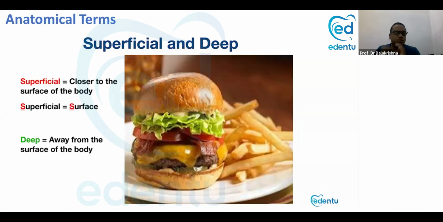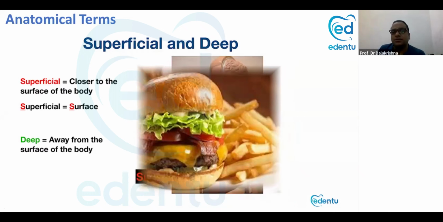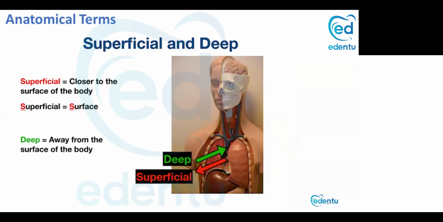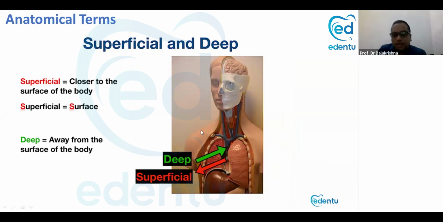So this is how you should know superficial and deep relations. We'll be discussing that also. Superficial is the outermost surface, and the deep one is the deeper surface. So if you look layer by layer, this is your lung, which is superficial. When you take out the lung, you will get the deeper surface.